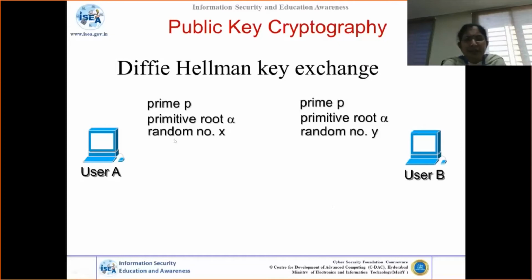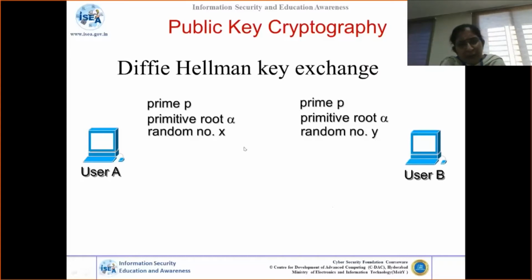Prime P and primitive root alpha are the public information, just like the public key in RSA is available with everyone, whereas the private component is known only to its owner. Similarly here, P and alpha are public and available with everyone. Random number X is a secret known only to user A. Random Y is known only to B. Okay, it is generated locally.